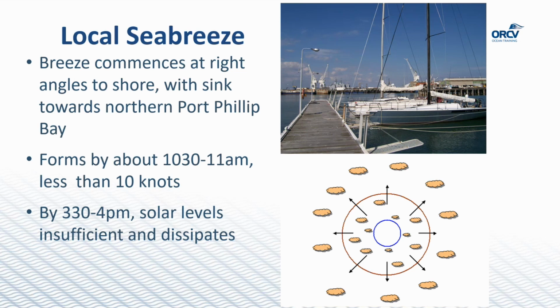We have the sink in the centre of the bay, and the upper circulation, the clouds rising over the land, will move towards the sink, and then they will descend. And that's the problem that the other yacht had going out into the centre.